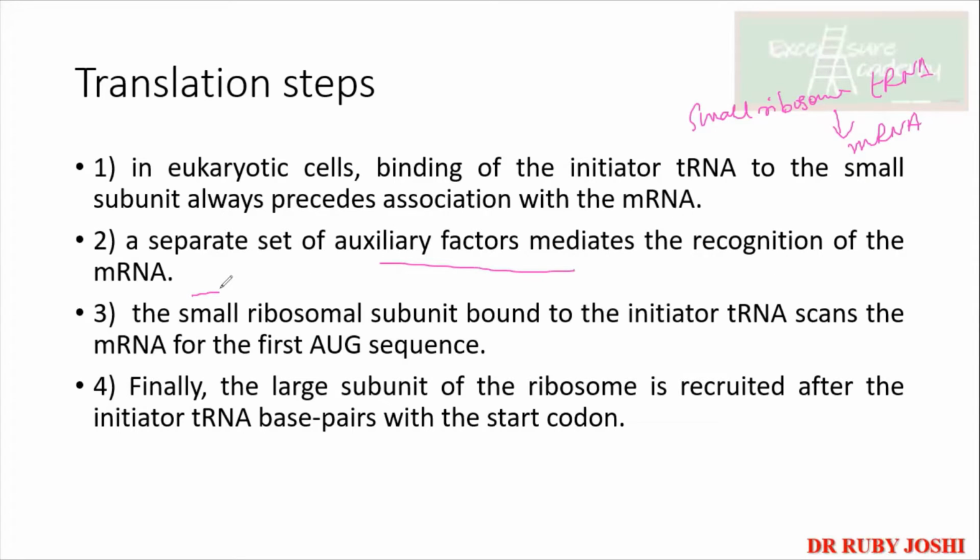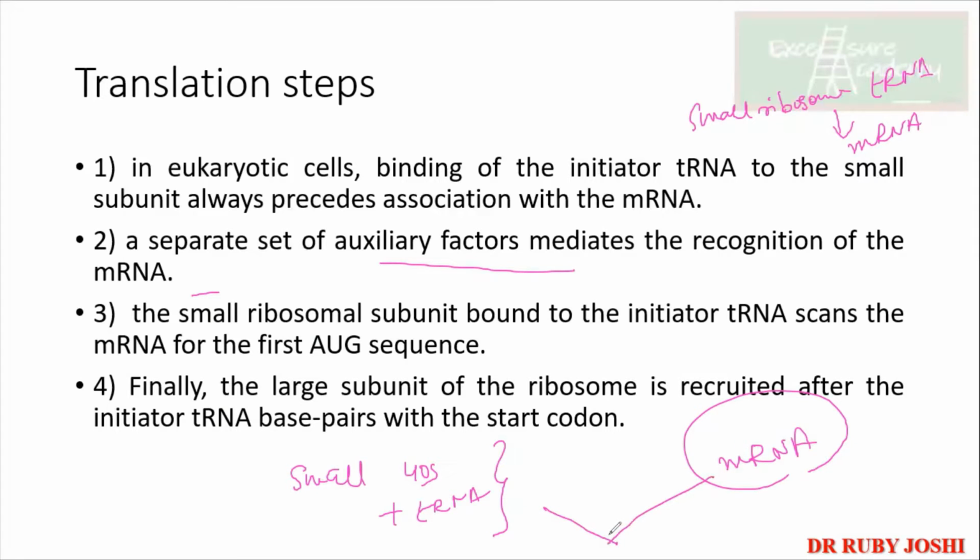Here you need to understand that when the small subunit, that is the 40S, associates with the tRNA, on the side there is another recruitment of the mRNA. Different proteins bind to the mRNA and help in scanning for the start codon. Later on, these two come together and form the pre-initiation complex.